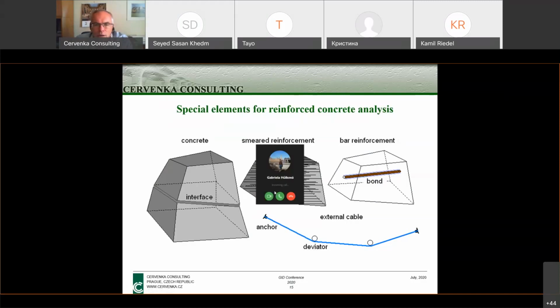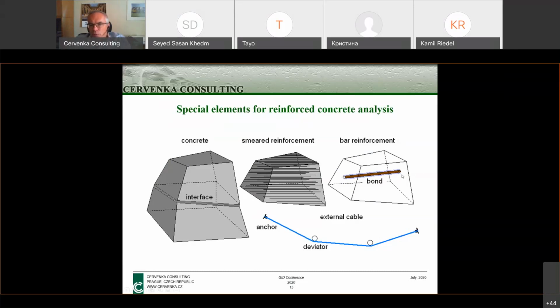So one possible case would be, for instance, if you have a lot of ties or a lot of stirrups in a beam, those ties or stirrups can be modeled by this smeared reinforcement. But let's say the most popular and most accurate model is the so-called discrete model.